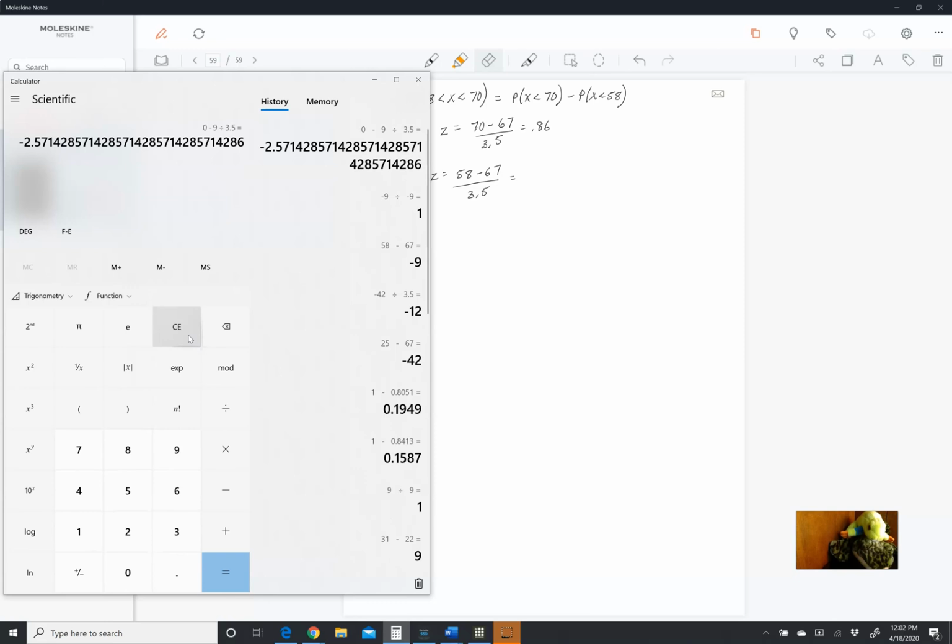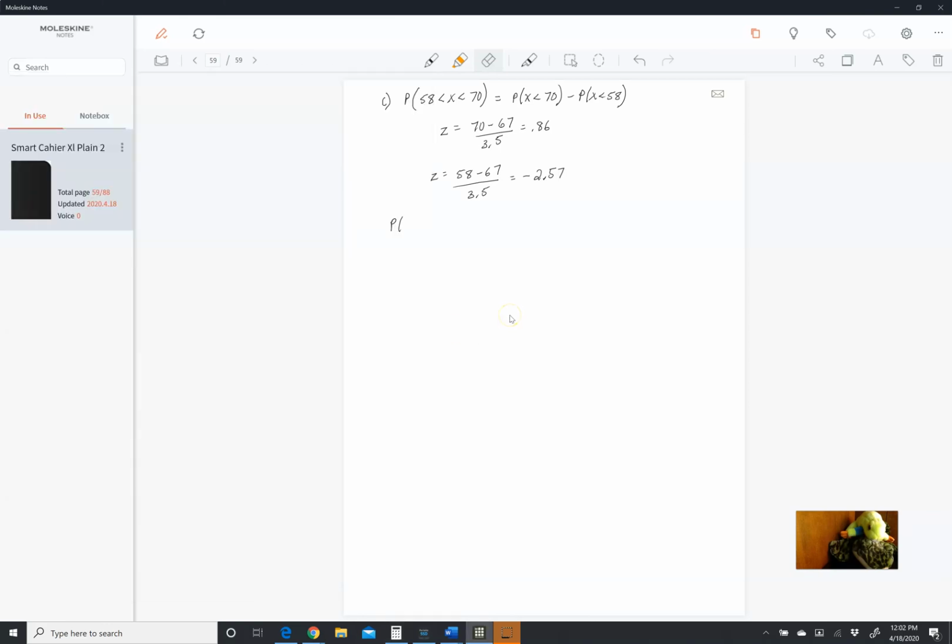Now we get negative 2.57. So the probability of 58 less than x less than 70 is the same as the probability of z being less than 0.86 minus the probability that z is less than negative 2.57. The probability that x is less than 58 is the same as the probability that z is less than negative 2.57.